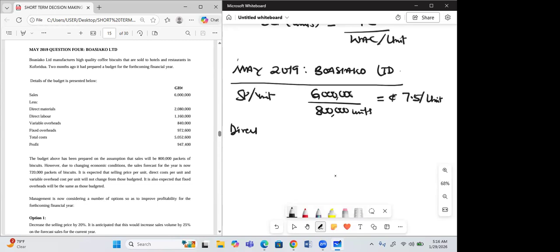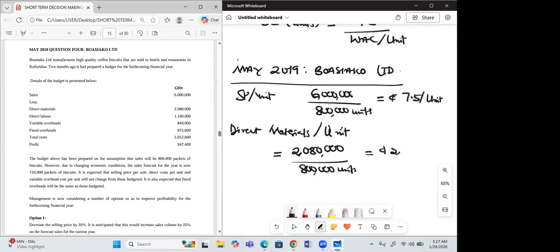This network issue is very frustrating. So the direct materials per unit: what's the direct material cost? 2,080,000 divided by the 800,000 units, which will be 2.6.